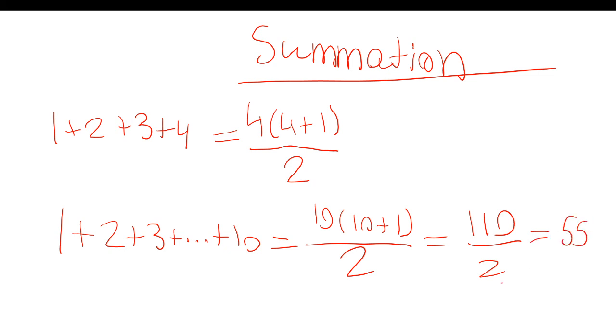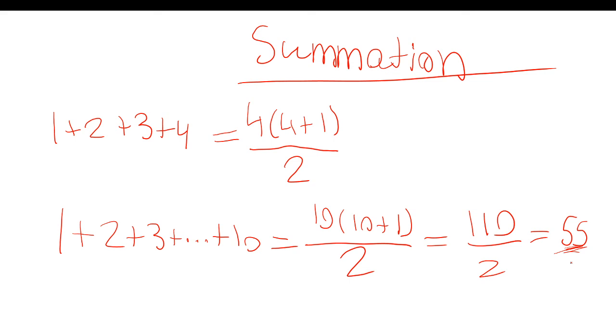Let's check the sum out. We know the sum through 4 is 10. Then we add 5 to get 15, 6 brings us to 21, 7, we keep going, and eventually we'll reach this 55 out here.